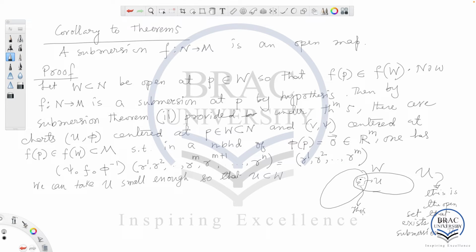This open set also works in submersion theorem so that U is contained in W. Okay.